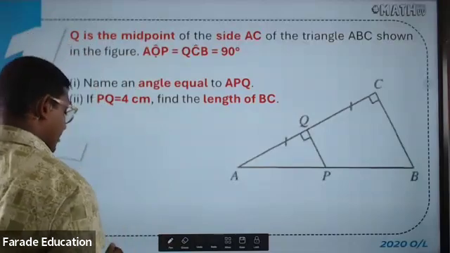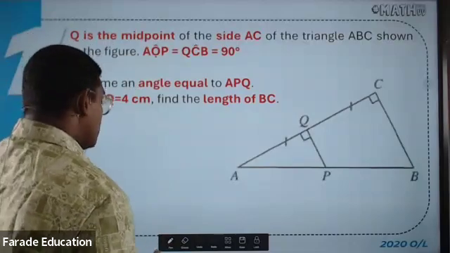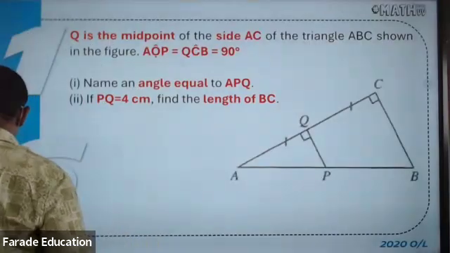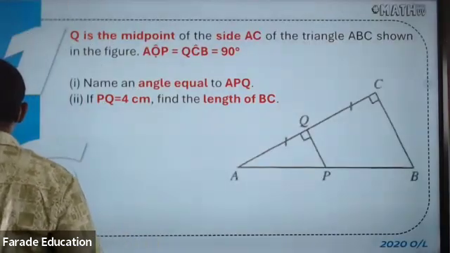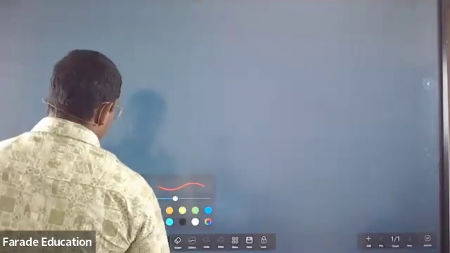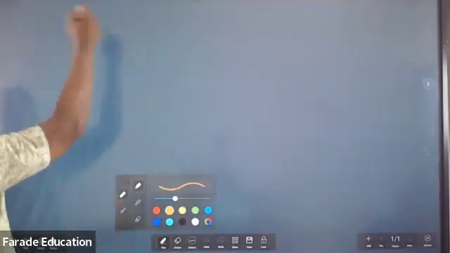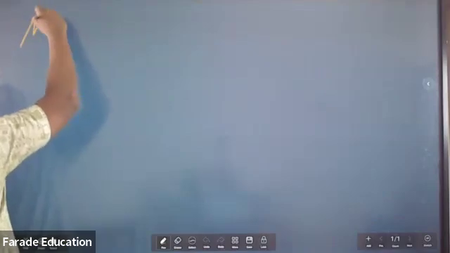So for this, we need a few theorems. The first one we need to know here is the midpoint theorem.